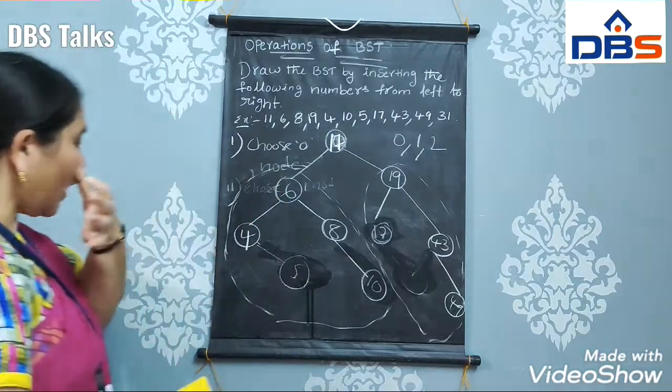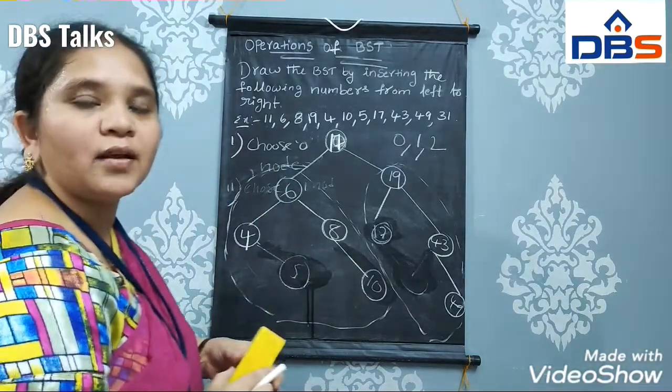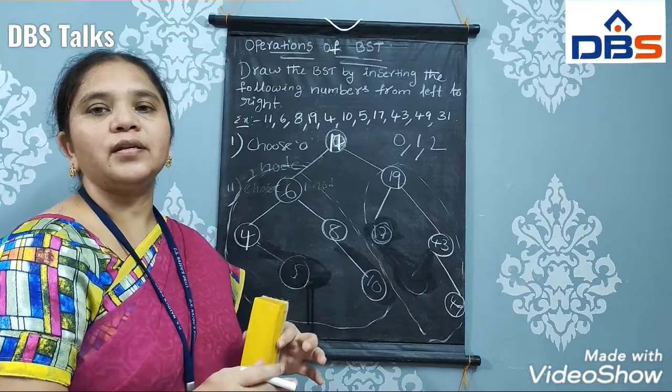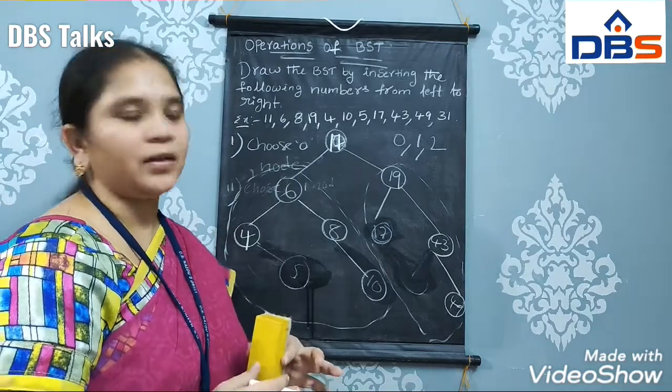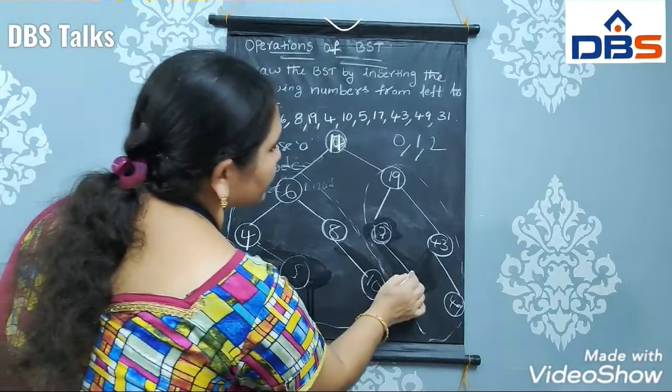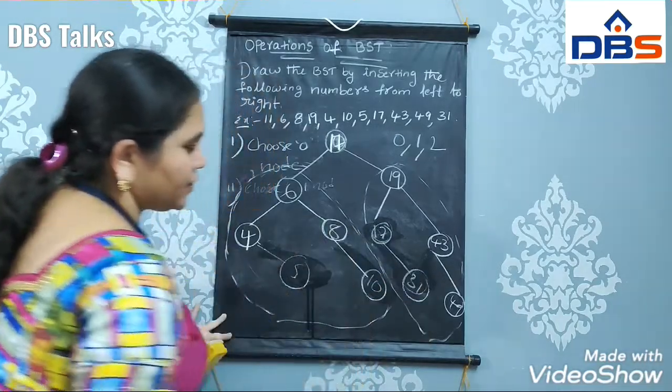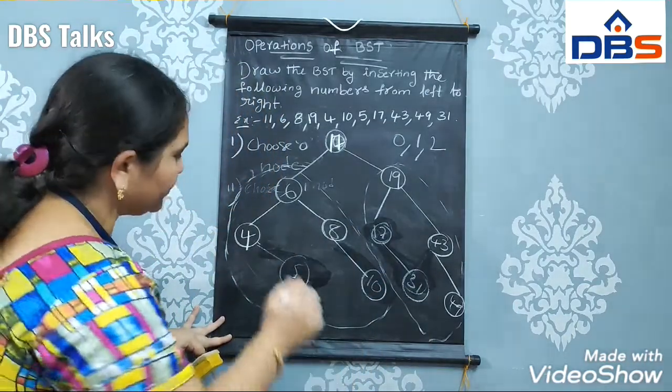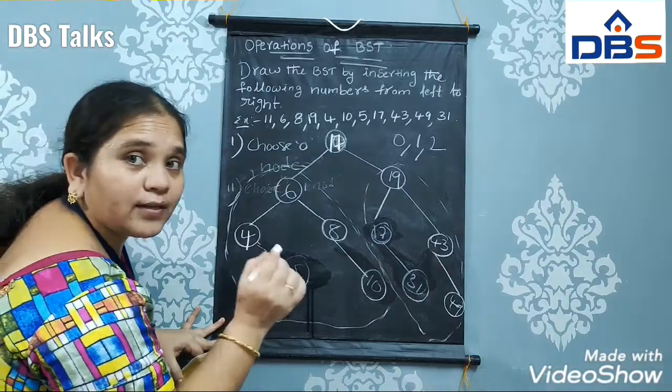For example, in-order means we are sorting the elements in ascending order. Suppose, according to this binary search tree, what is the in-order? First we have to go according to ascending order.